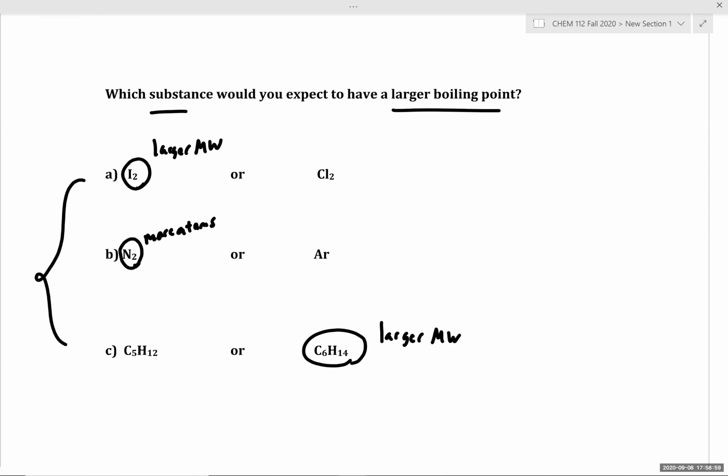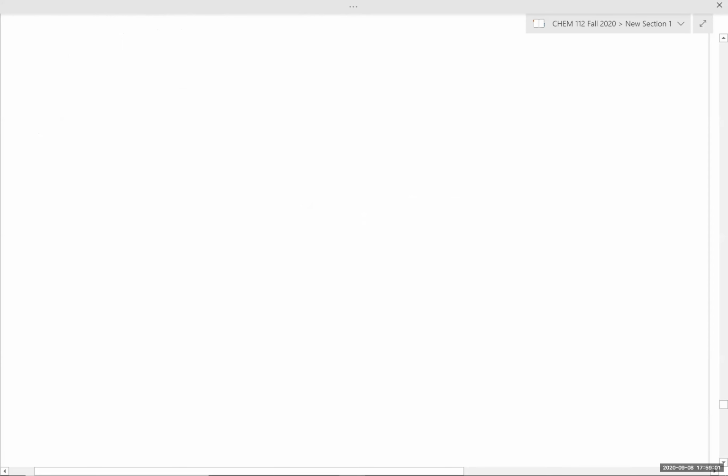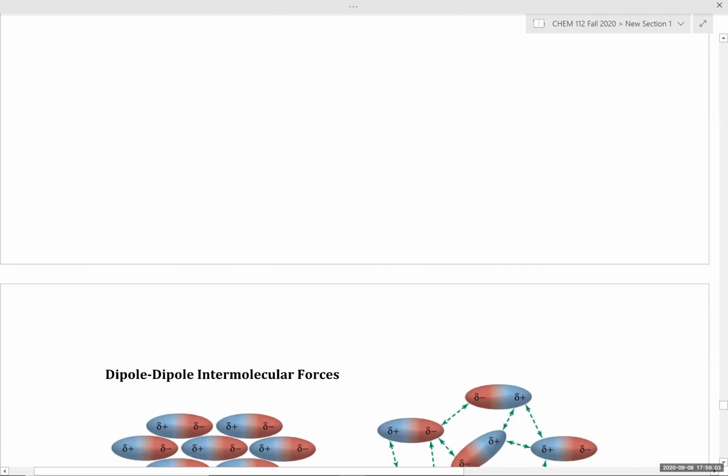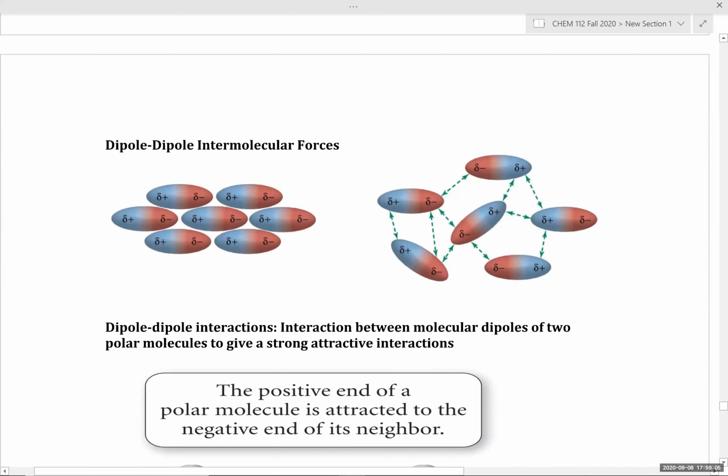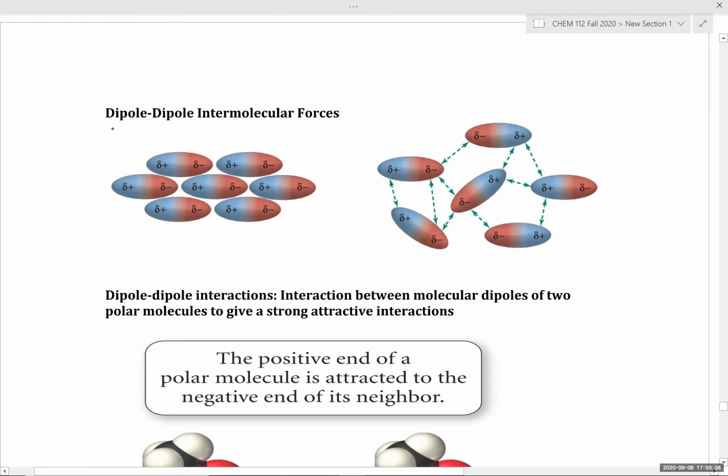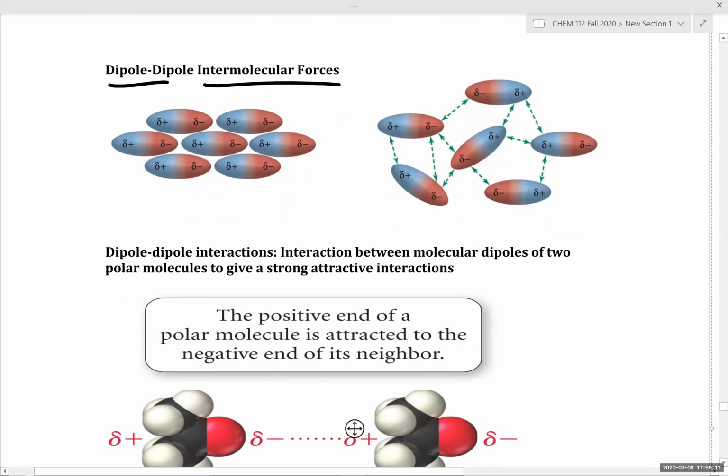Perfect. So now we're going to add a little bit of sophistication to our discussion, and we're going to consider the next type of intermolecular force. Dipole-dipole intermolecular forces. So these are interactions between the molecular dipoles of two polar molecules to give a strong attractive interaction.